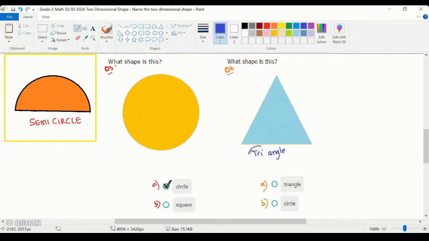The word tri means 3. So we can say we have 3 angles over here, right? How to remember the word triangle? Tri means 3 and 3 angles. That means it would be a triangle. Agreed? Let's have a look at next example.